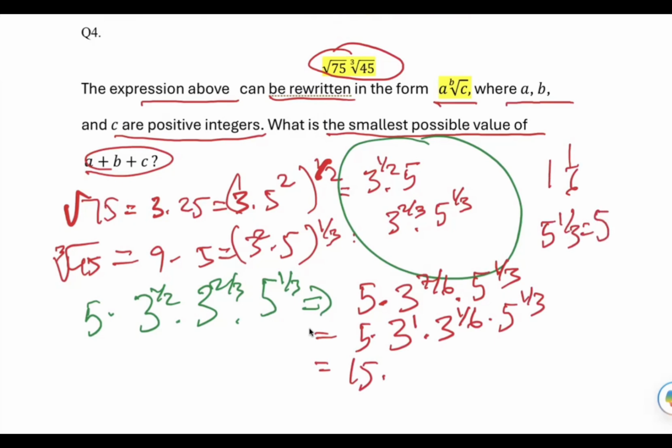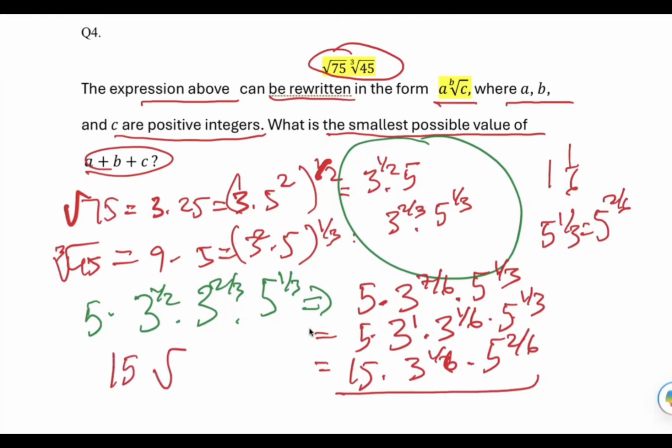So think about it. It's 2 over 6. So this is actually 5 to the 2 over 6. And therefore, this is your answer. Simplify it. This would be 15. Then you have what? The base will be 3, 6 go here, 5 squared.